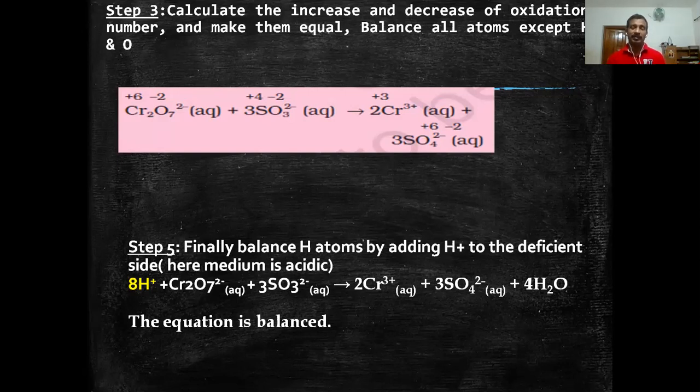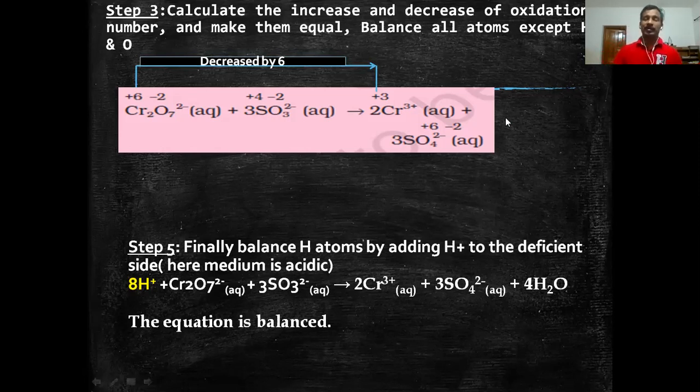But here 2 chromium in the +6 oxidation state change to 2 chromium in the +3 oxidation state. So what is the total decrease in oxidation number? 6.